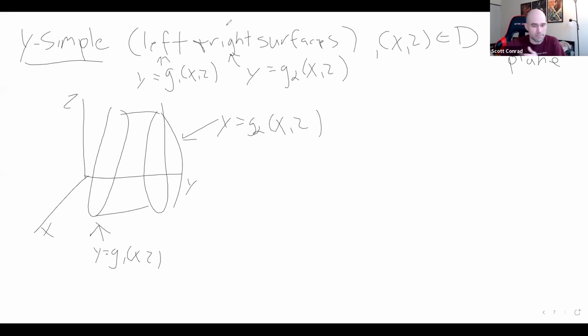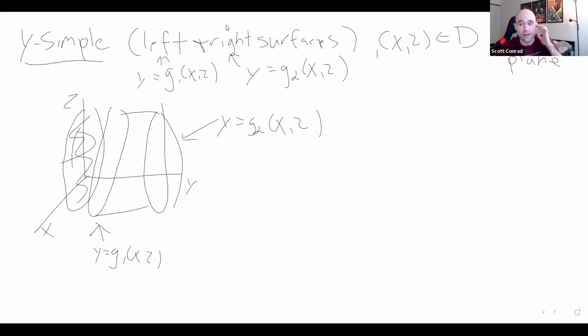We have a left boundary and a right boundary, and then the sides we project to the xz plane. And the region D in the xz plane where those live tells us what the sides are.